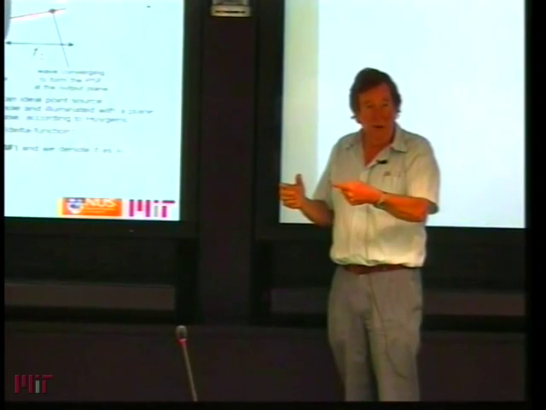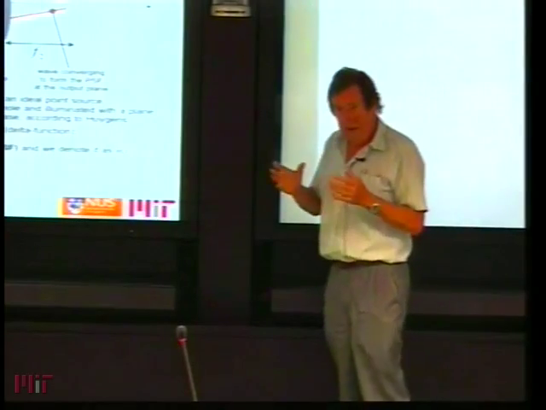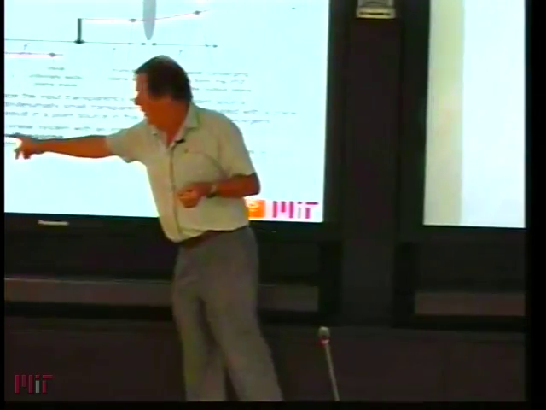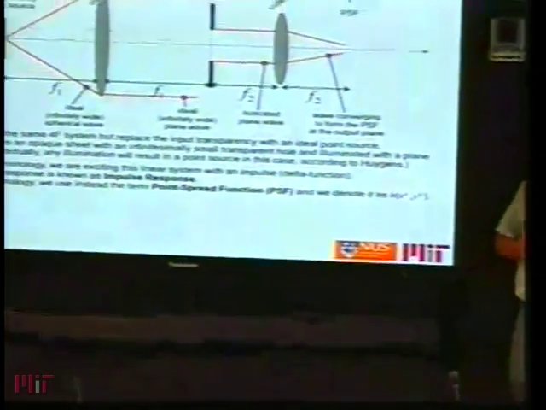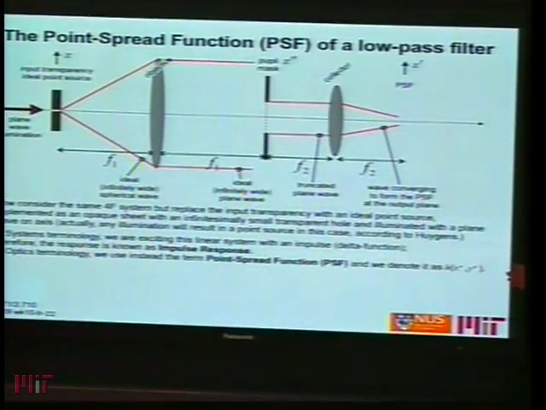You put in a signal and you get out a signal, and you can characterize that black box by what's called the impulse response, which is the response it would give to a sharp spike going in. Ideally you'd want a sharp spike to come out as well, but in practice you don't get that. You get some sort of broader function because of the imperfections of the transfer system.